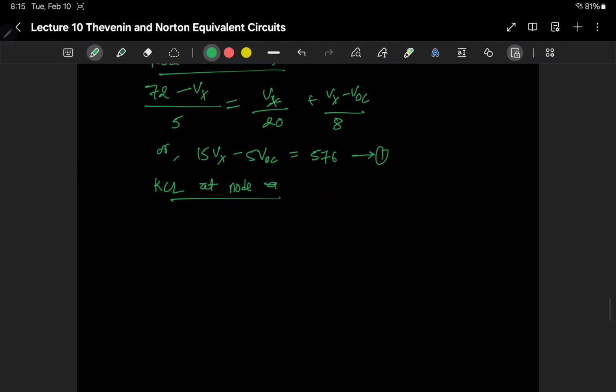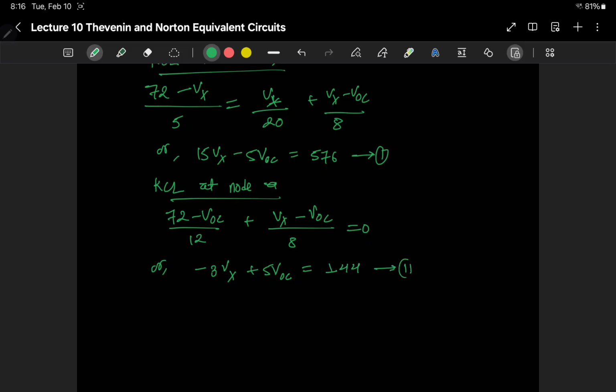As we know, we can assign random or arbitrary direction to the currents here. So 72 minus Voc divided by the 12 ohm resistor plus Vx minus Voc divided by 8 ohm resistor is equal to 0. If I simplify this, I will get 3 Vx plus 5 Voc is equal to 244.